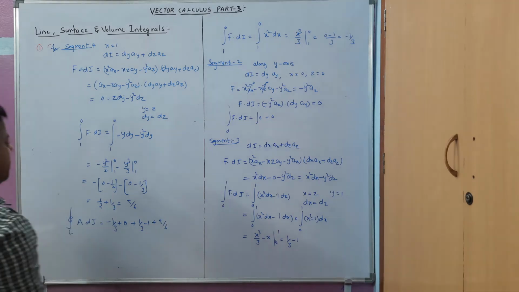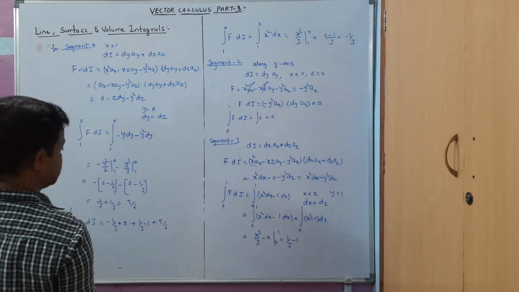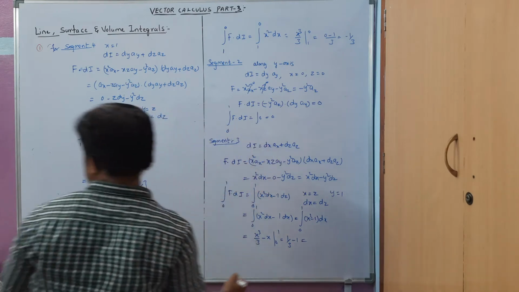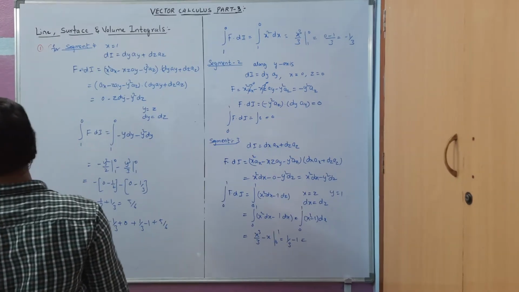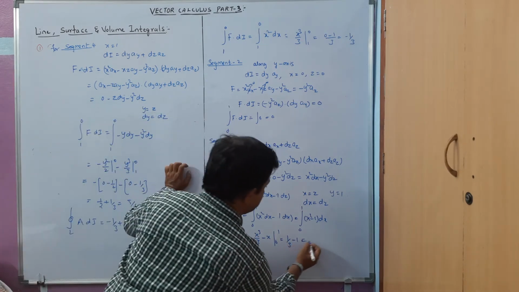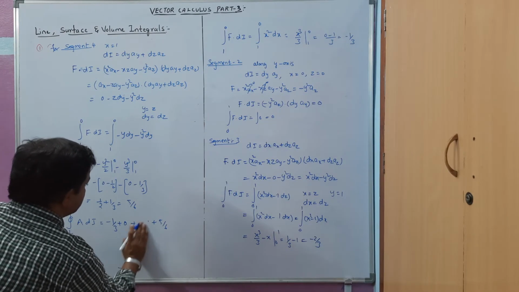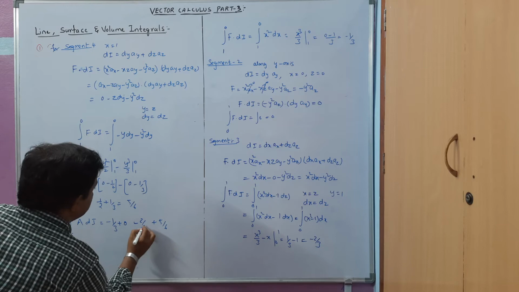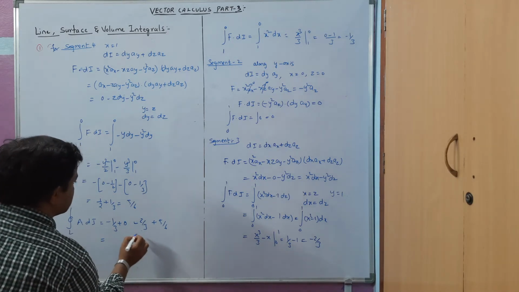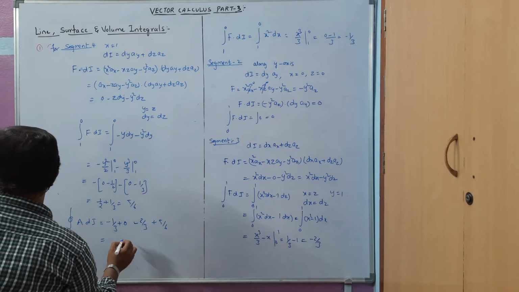So what we get here, actually we got minus 2 by 3 for the third integral, 1 by 3 minus 1 is minus 2 by 3. So I will write minus 2 by 3. Now the LCM is 6 here, that is minus 2 by 3.